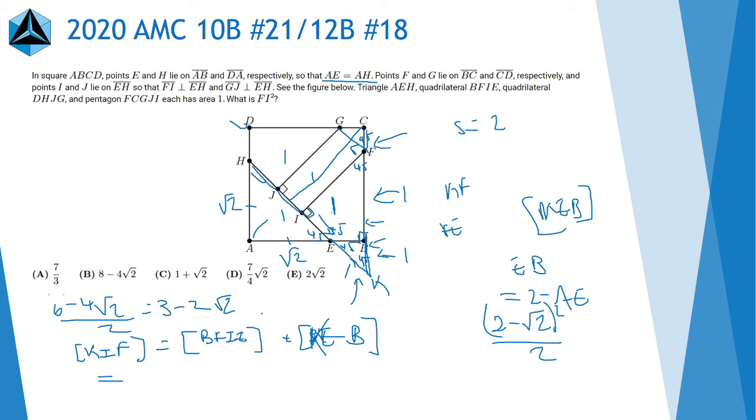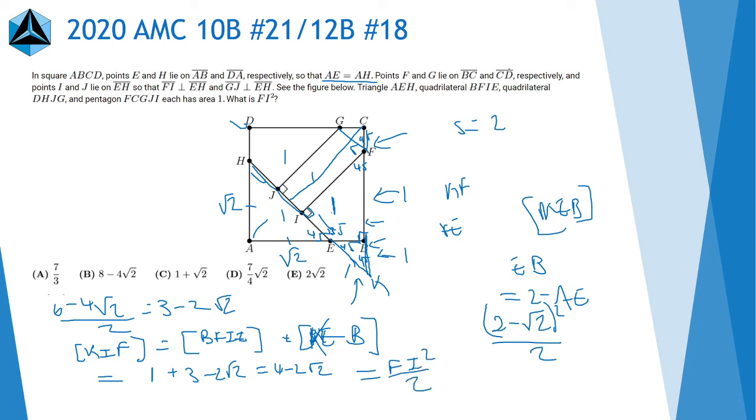And that is going to be equal to, we know the area of BFIE, that's 1. We know the area of KEB, we just found it, it's 3 minus 2 root 2. So this is equal to 4 minus 2 root 2. Well, how would we find the area of KIF? The side length is Fi, so the area is just Fi squared over 2, because it's isosceles right.